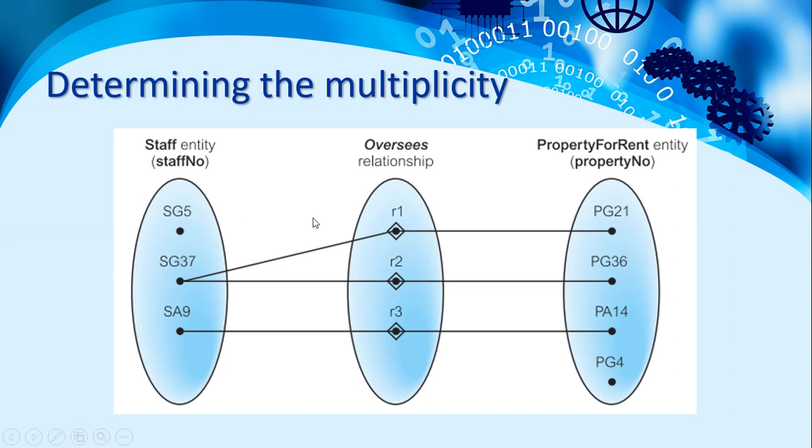So in this figure, we see that the staff SG37 oversees the properties PG21 and PG36. Ayun, itong staff pala na to, kaya niya pala manage at 2. So in this case, dalawang properties for rent yung kaya ma-oversee.